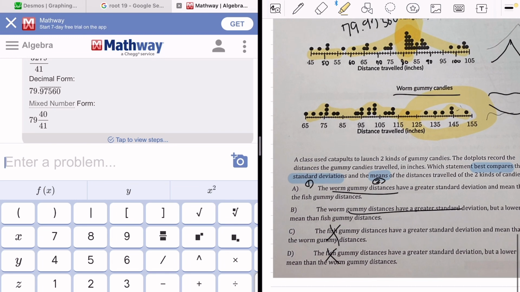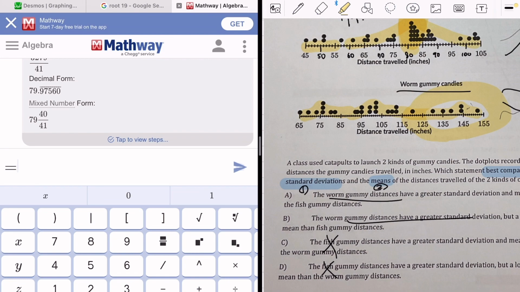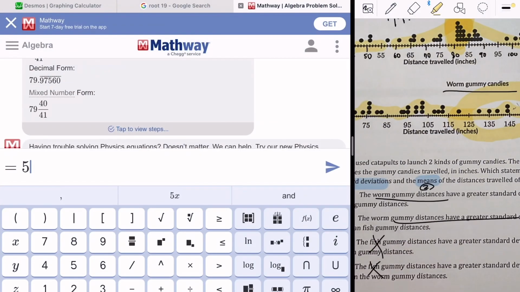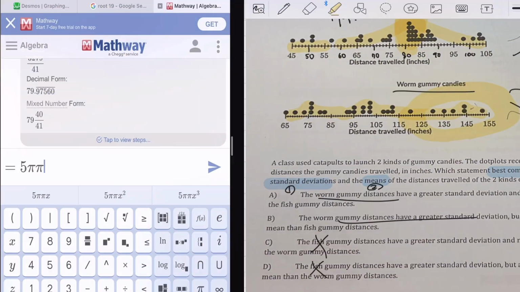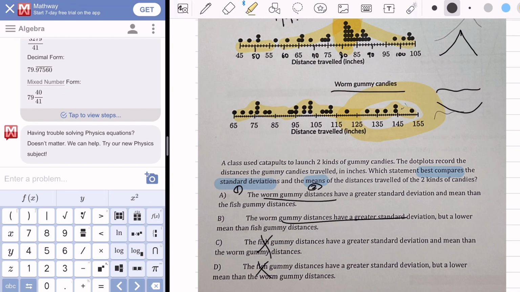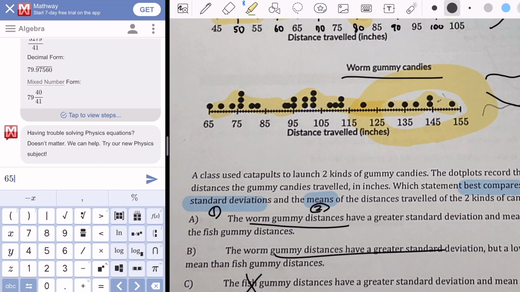Okay, the next one. 65. Okay, 65 plus these values, it ends up with 105, but this one ends with 155 and starts with 65.